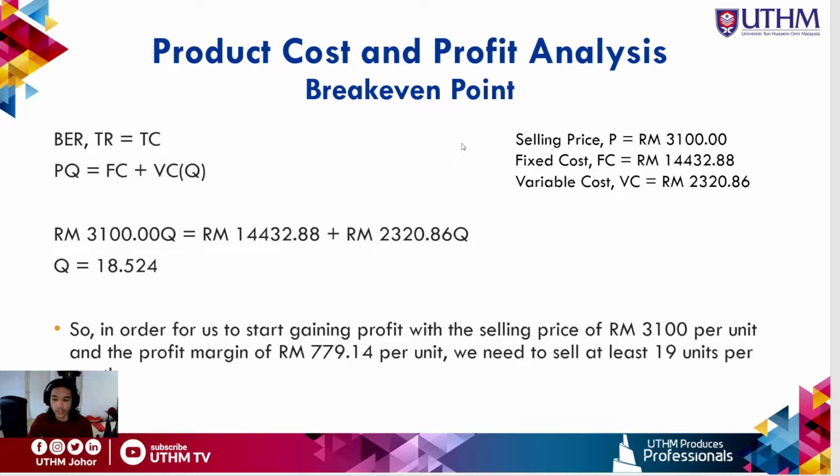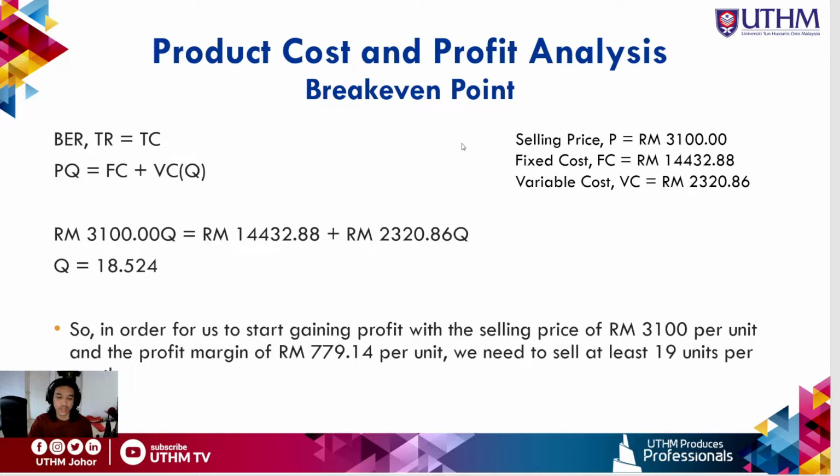After we have calculated the total for fixed costs and variable costs, we will find the break-even point. For the break-even point, the formula that we will be using is TR equal to TC. After we calculate the break-even point, we get a quantity of 18.524.